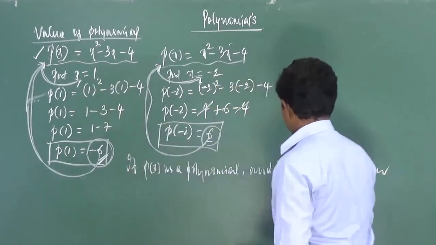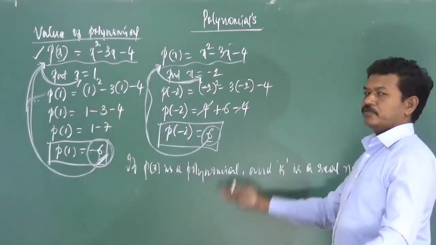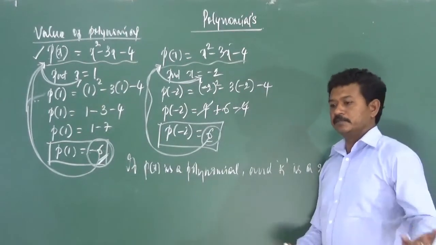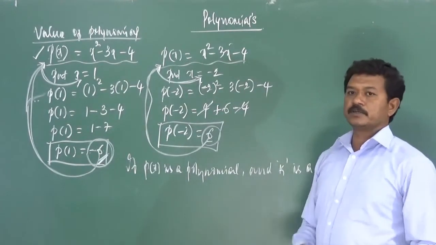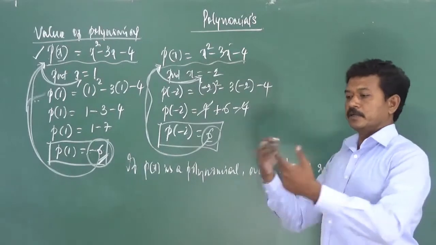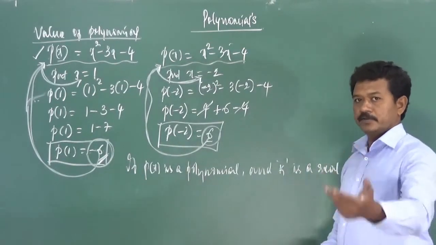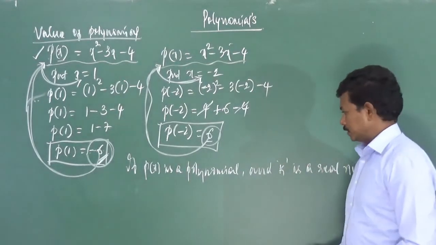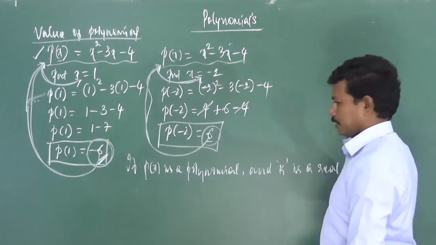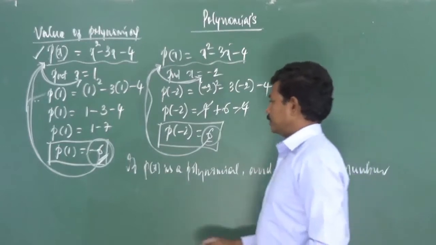So k is a real number, so it can be anything, any value you can take. Real numbers, you know, are a huge combination of all rational numbers and all irrational numbers taken together. They are called real numbers. You have studied this in your 9th standard classes. So k is any real number, any number you can take.